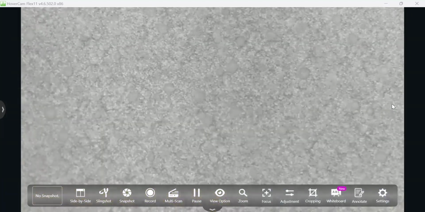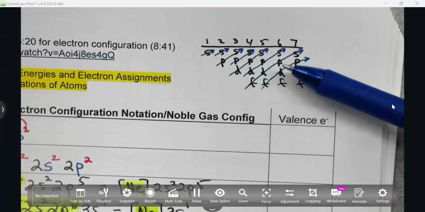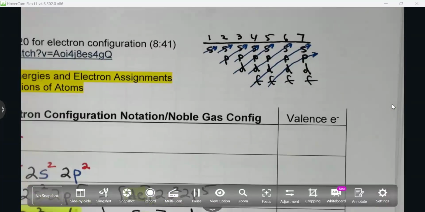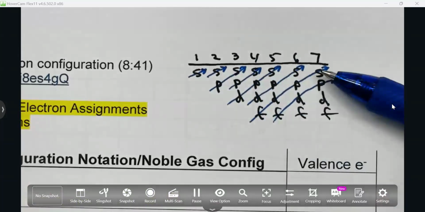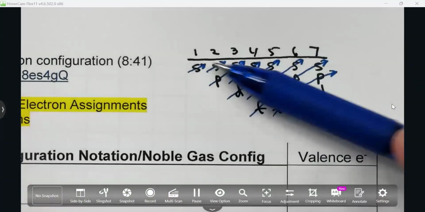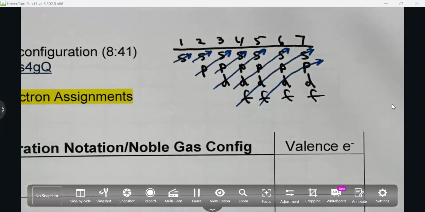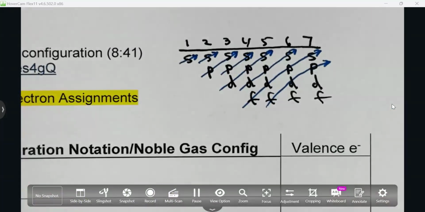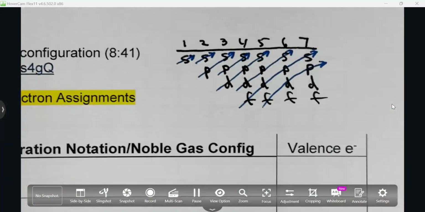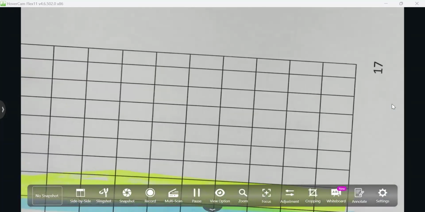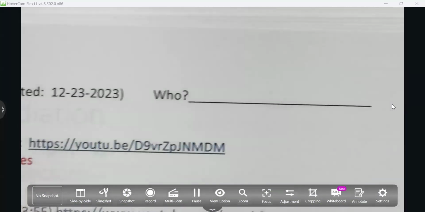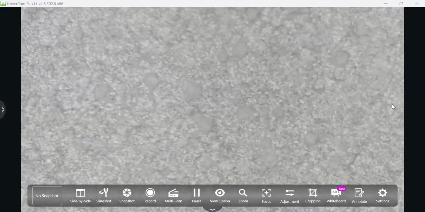So we left off with what's called the Aufbau principle, which is the order that electrons fill the shells around the nucleus. If we have 7 shells, then all of our electrons are diagrammed with this, and that's exactly where we left off on the blank table.